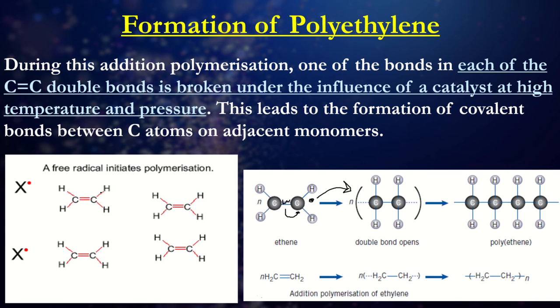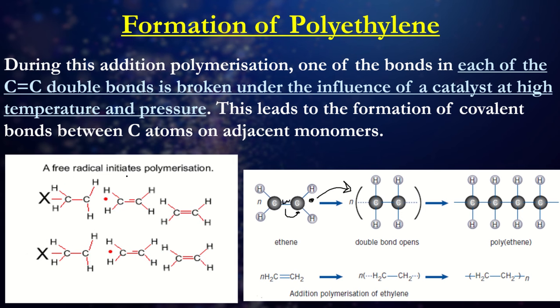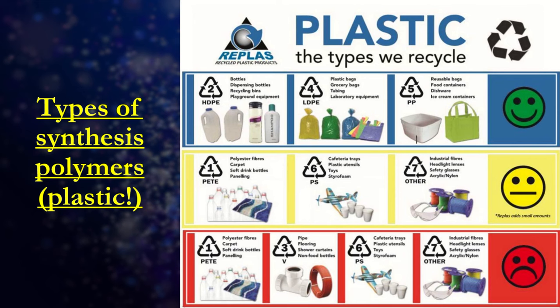There's 3 steps in total. You can see the first step says a free radical. So that's actually step 1. You can also see that depending on the type of polymer we generate, they might be easier to recycle. Others might not be as easy to recycle, and that's all based down to their chemical structure.